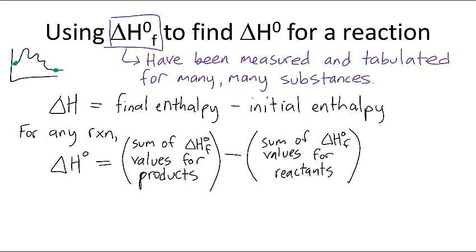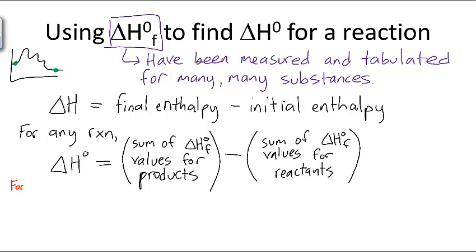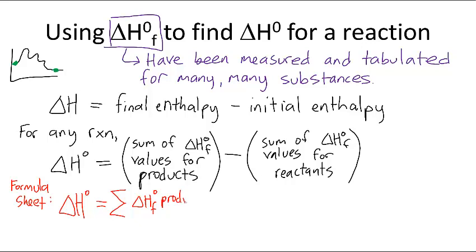It's just written in mathematical terms. So on your formula sheet, the way this looks is delta H naught equals, and then the sum of is sigma, delta H0 F products minus sum of delta H0 F reactants.